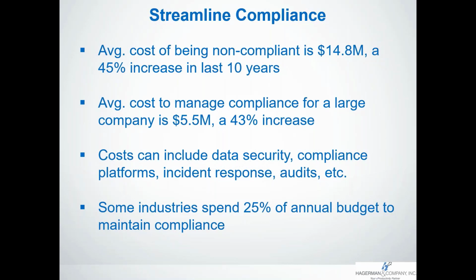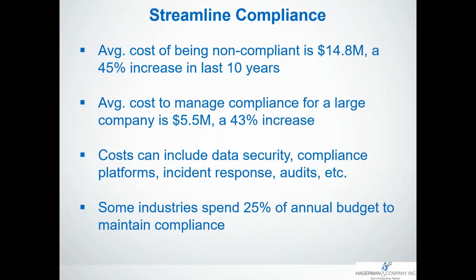You can see the average cost of a non-compliant situation within a site or a company is now up to $14.8 million, which is 45% higher than 10 years ago. The average cost to manage compliance for a large company is $5.5 million. Again, about the same increase. And these costs can include data security, compliance platforms, incident response, audit, and so on.